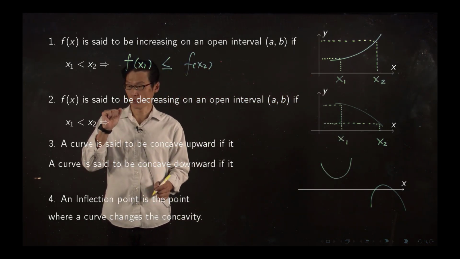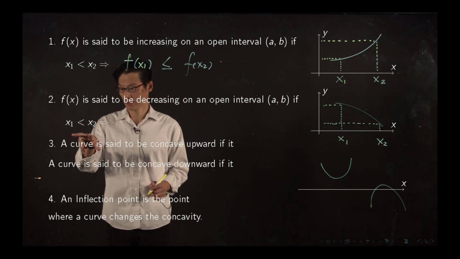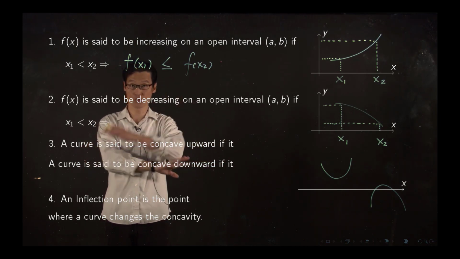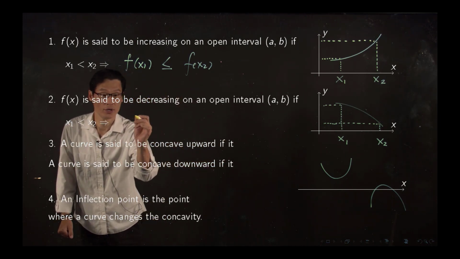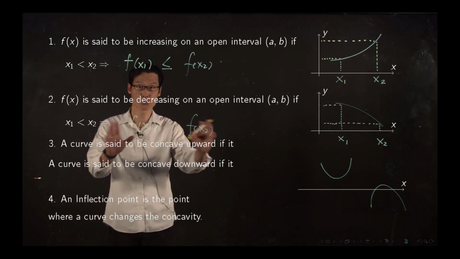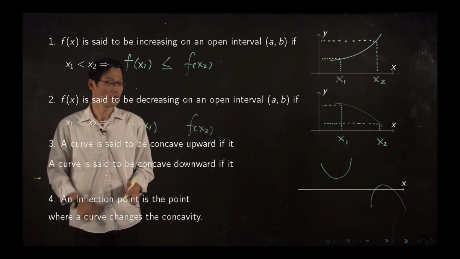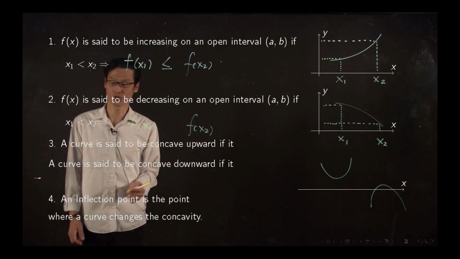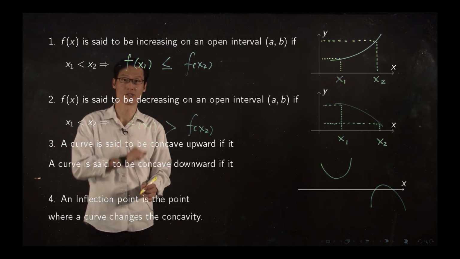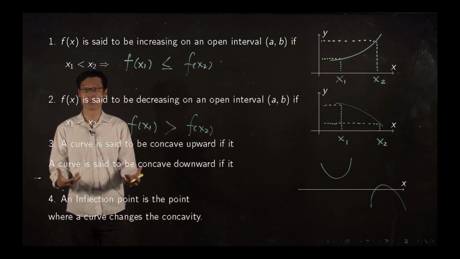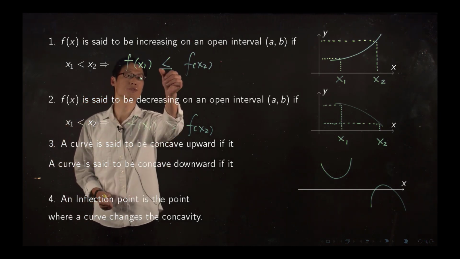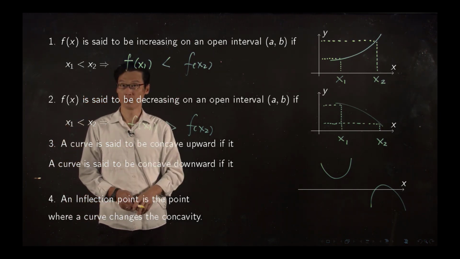So whenever a pair of inputs x1 and x2 gives you the reversed inequality, you compare f of x1 and f of x2, and even when x2 is larger, f of x1 is larger than this. Then we say your function is decreasing. Oops, so we need strict inequality.